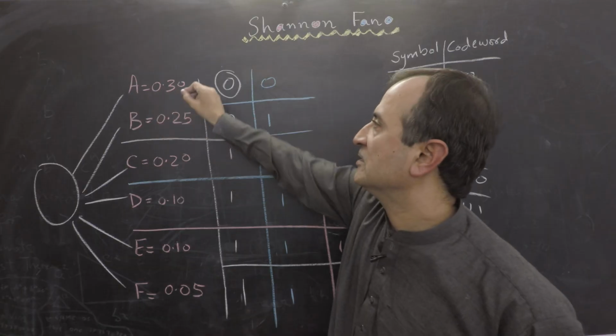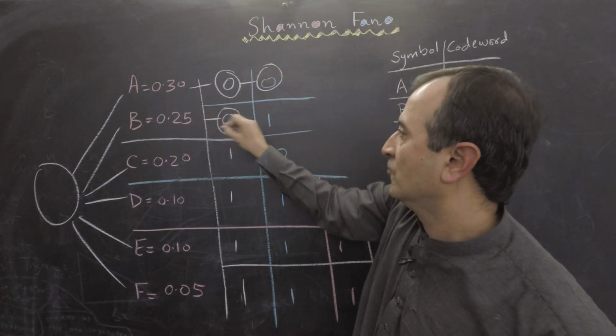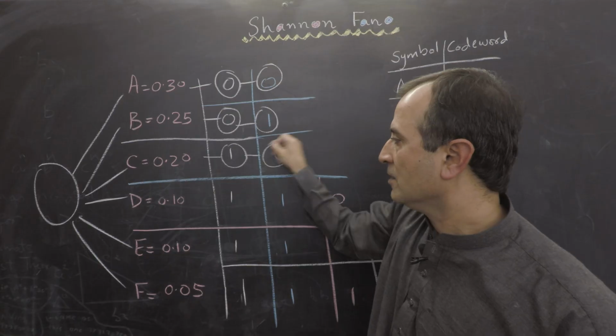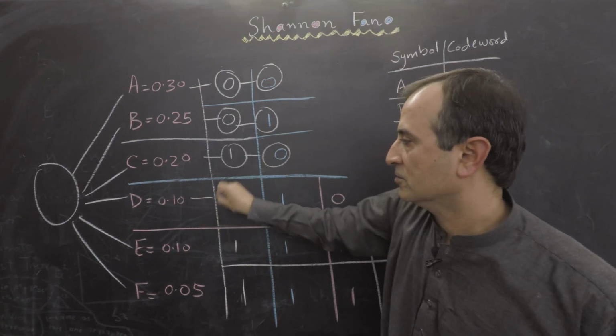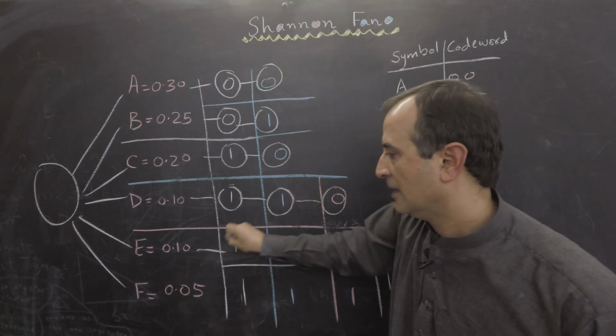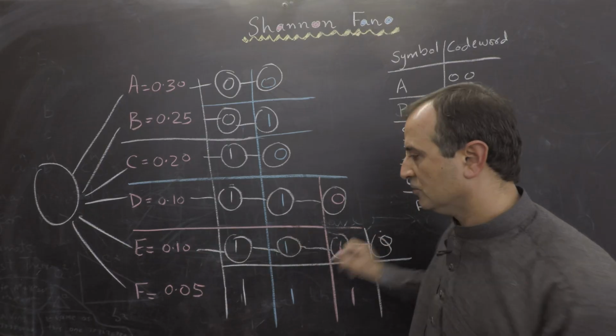This is our prefix tree. And finally, from the root node, we are traveling to the leaf nodes. Therefore, it is a top-down greedy approach.